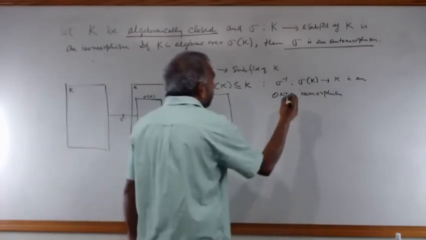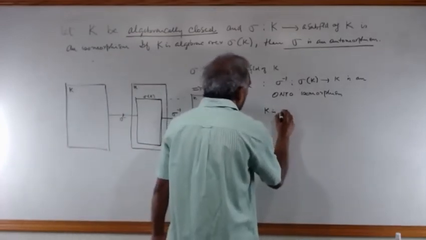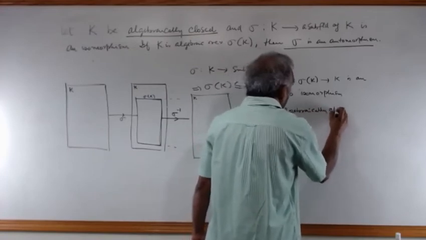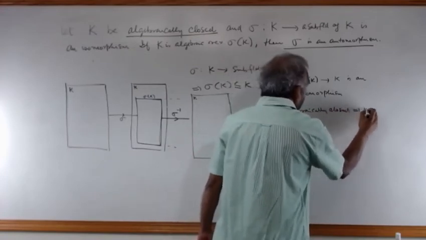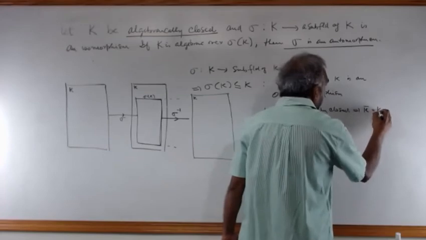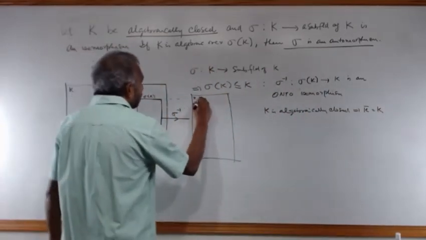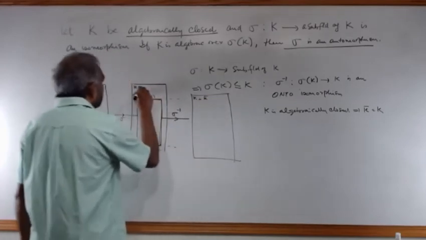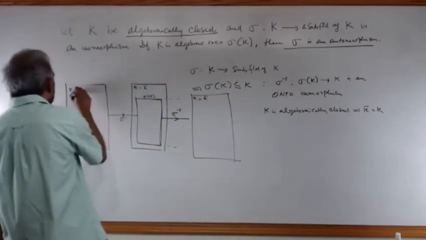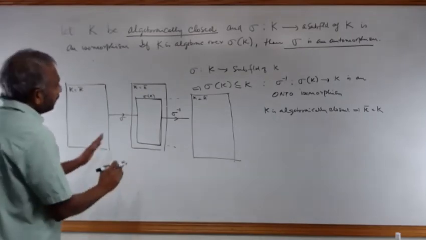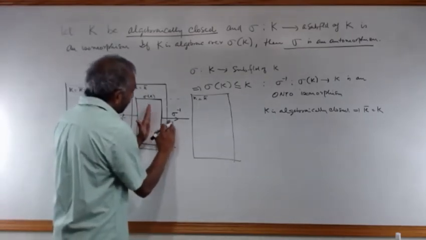So that means K is algebraically closed, which implies K closure equals K. So these are all equal: K closure equals K closure equals K closure. Now just consider this portion.